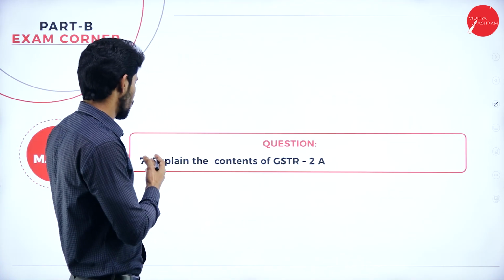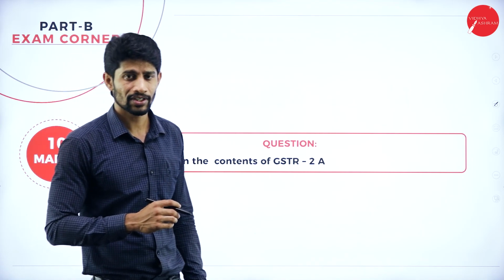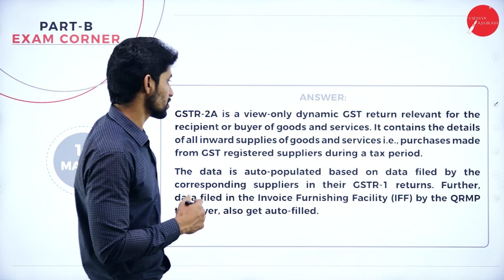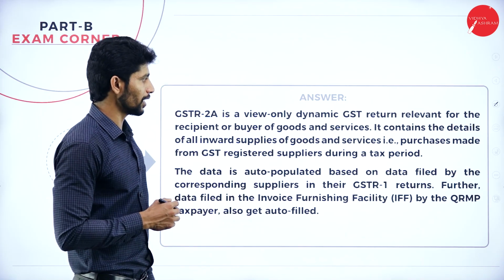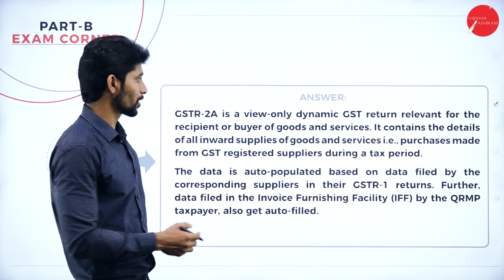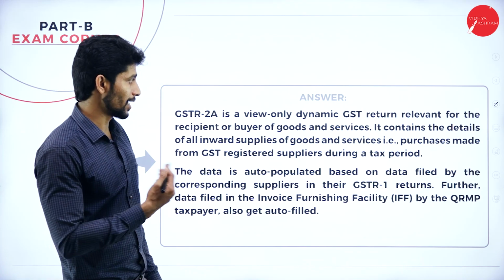Moving further, they might ask you to write the contents of GSTR 2A. So what are the contents of GSTR 2A? GSTR 2A is a view-only dynamic GST return relevant for the recipient or buyer of goods and services.